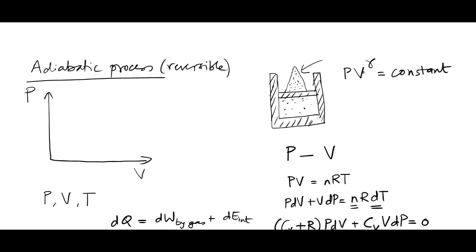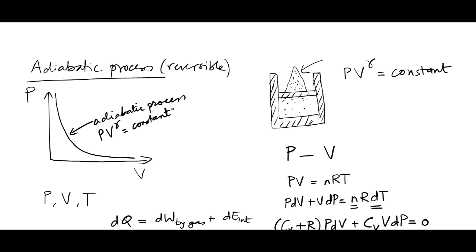So if you actually use calculus and try to plot the curve, you'll find that it is asymptotic to both axes, and the graph would look a bit like an isotherm, something like that. So that's an adiabatic process whose equation is given by P times V raised to gamma is equal to constant.